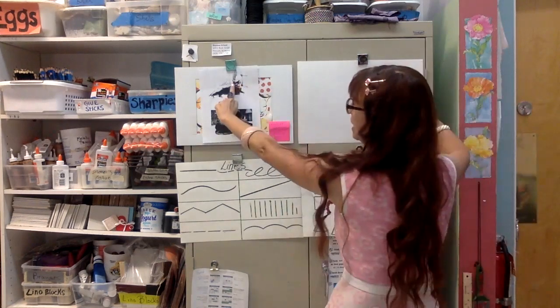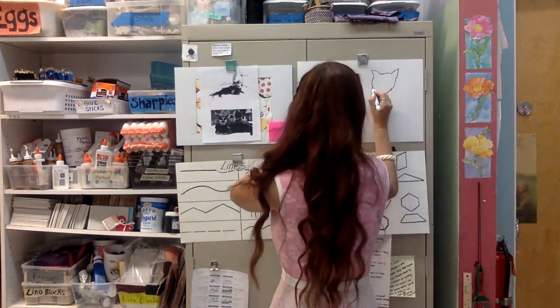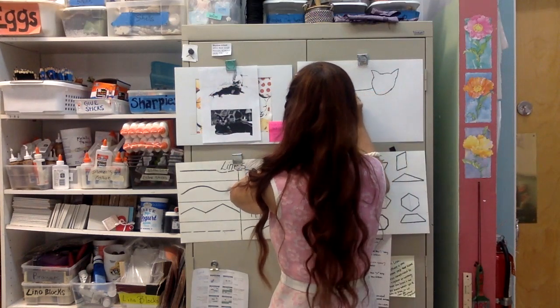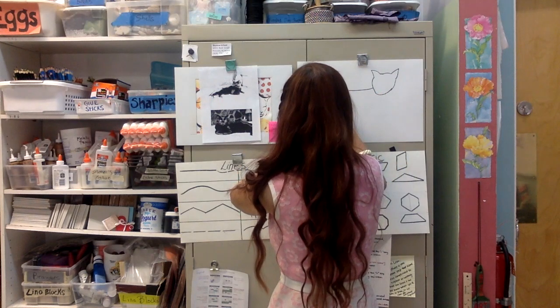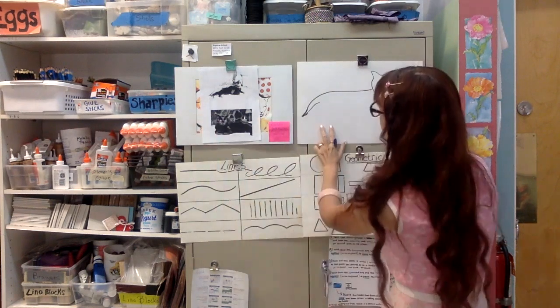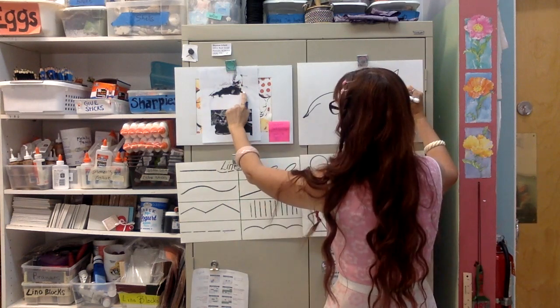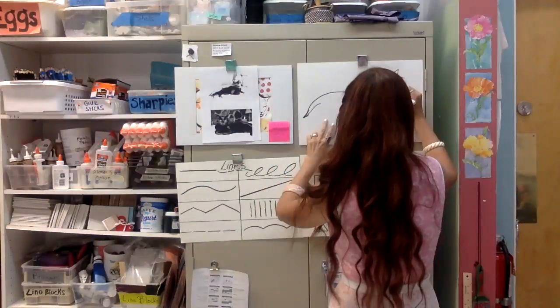Then I'm gonna come out and I'm gonna extend the body of Cece. And we can see part of her tail there. And then I'm going to come to this part of the body.